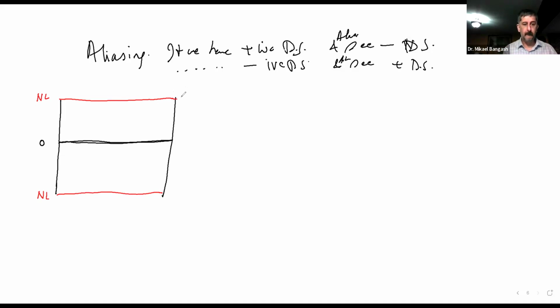Clear? So let's say we have a max velocity of plus 100 and a max velocity of minus 100 centimeters per second.